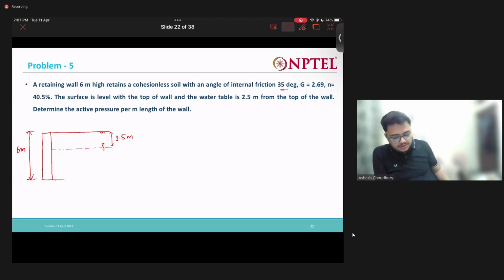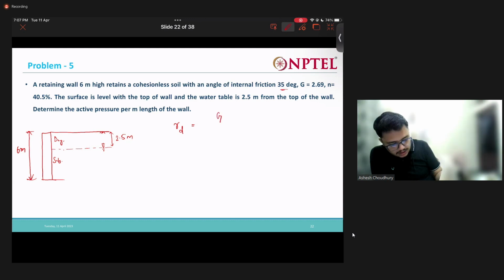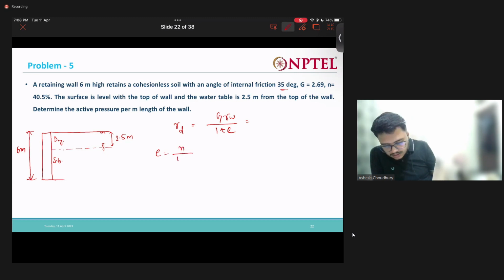So now what we need to do is first determine the dry unit weight and the submerged unit weight. This portion is dry, this portion is submerged, right? So let us first determine the dry unit weight. Dry unit weight is nothing but G gamma W upon 1 plus e. So how to determine e from n? There is a relation between e and n.